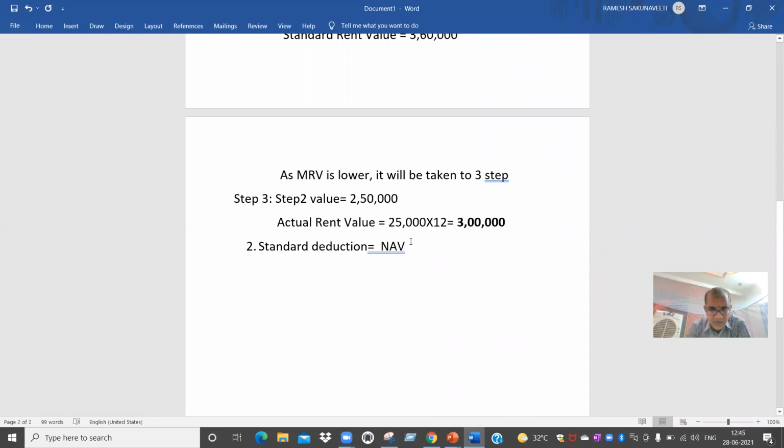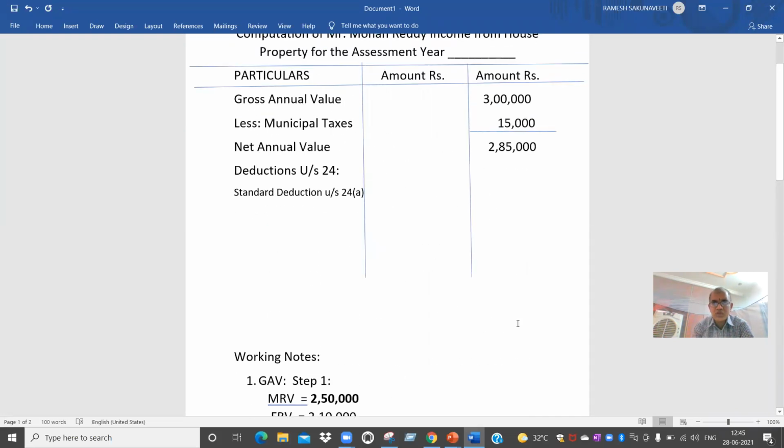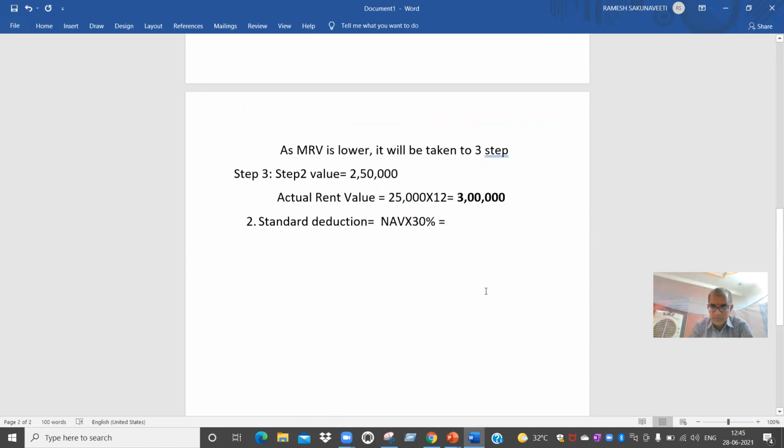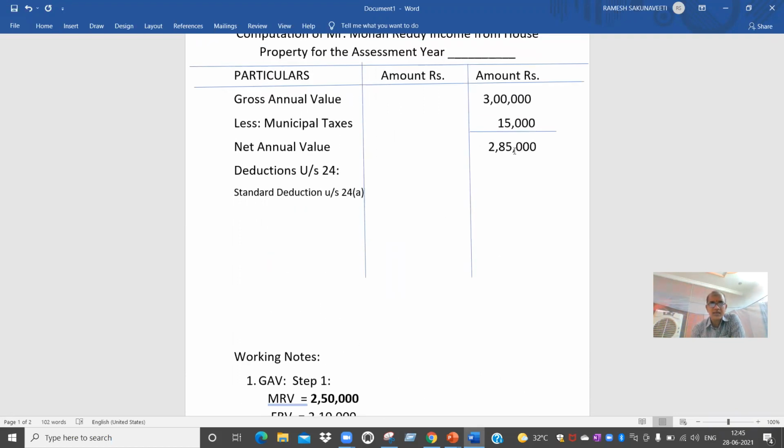Did you remember? What is the net annual value? 2,85,000. On this one, 30%. 2,85,000 into 30%. Now quickly calculate and tell me.